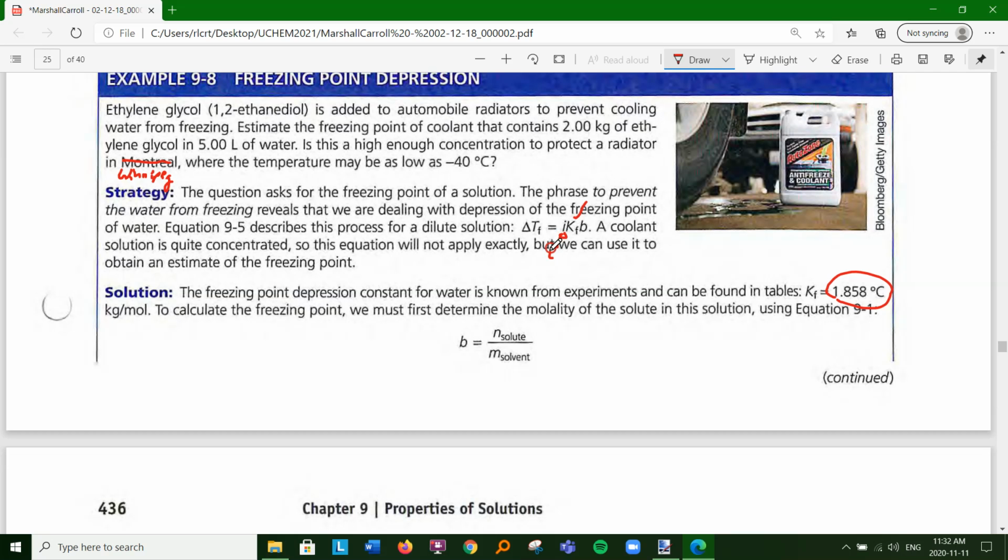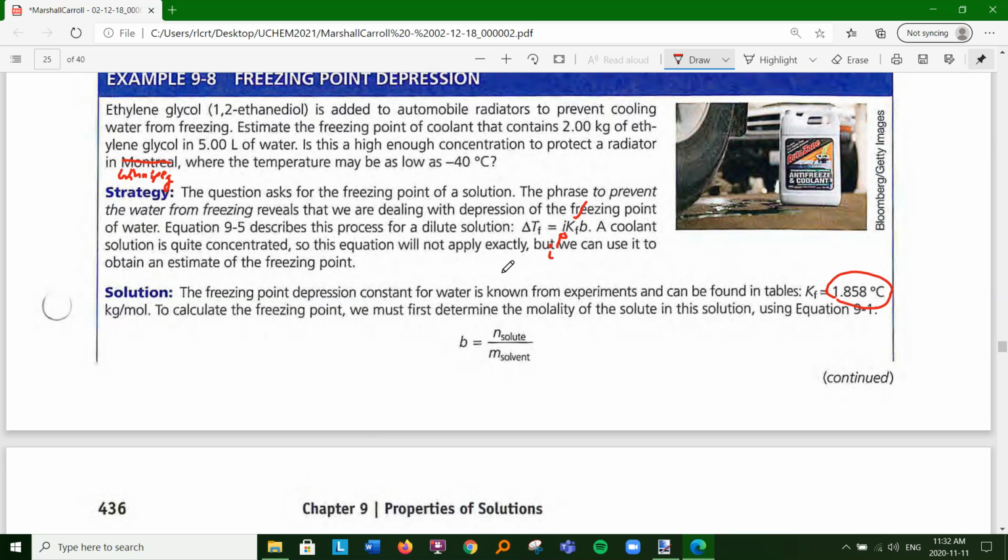For organic stuff, I is 1; it's 2, 3, 4, 5 if we're talking about ionic solutes. But if it's molecular solutes dissolved in solvents, your I equals 1, because the molecule ethylene glycol doesn't form a cation and an anion when it dissolves in water. It just gets surrounded by water in what's called a hydration sphere. Okay, so I is 1.